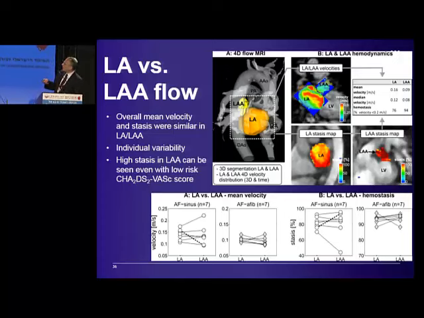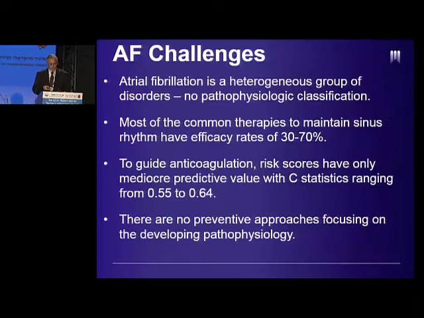And one of the other interesting things that we're going to try to do now is to further segment the left atrium to be able to look at the left atrial appendage independent of the left atrium. So to sum up, I think atrial fibrillation is a heterogeneous group of disorders. We don't really have good pathophysiologic classification, good evaluation of the substrate.